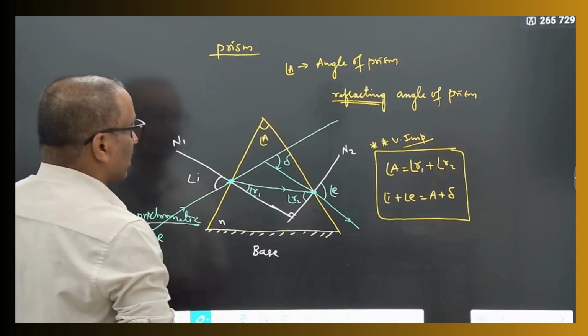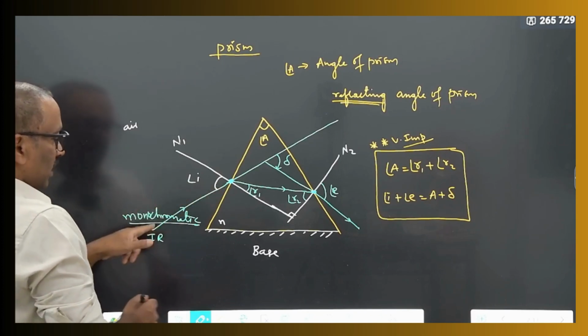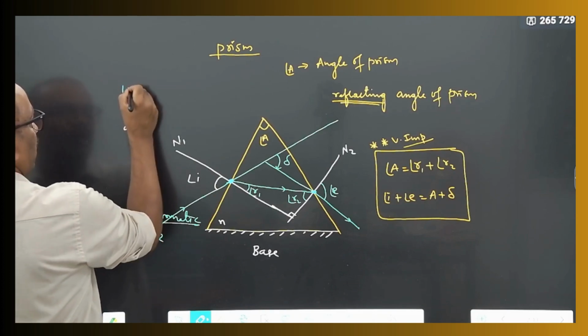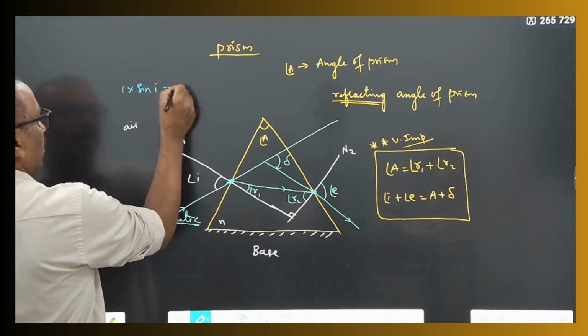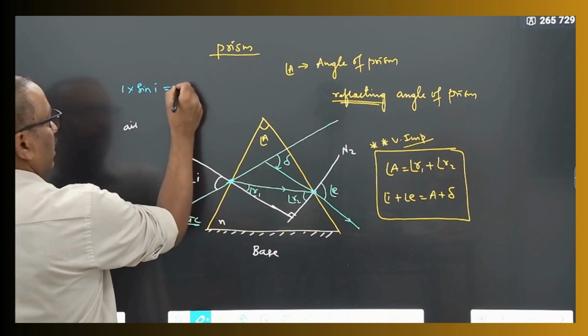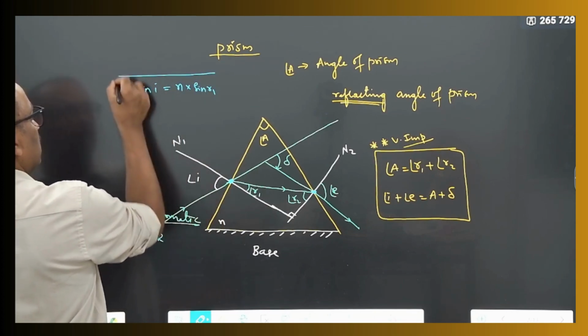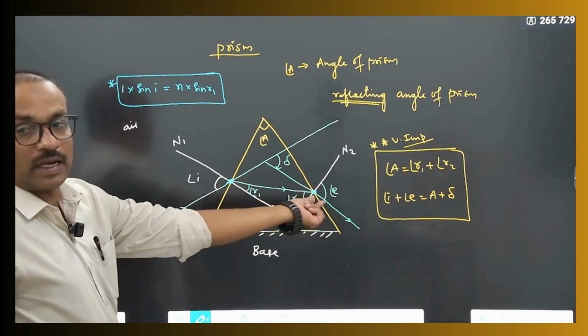So we will apply Snell's law here. The light is traveling in air, so the refractive index is 1, into sin i, equal to entering the denser medium, n into sin R1. Also apply Snell's law here.